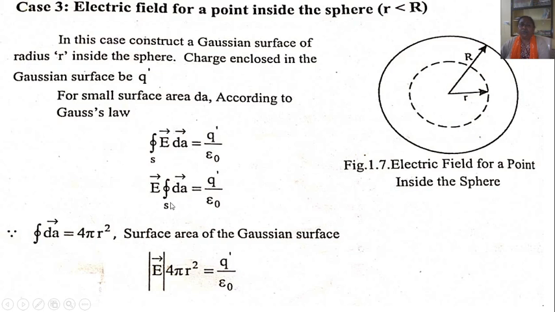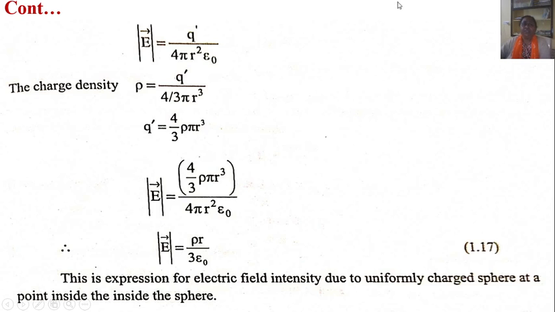Therefore E into closed integral over surface area dA equal to Q dash upon epsilon 0, and as closed integral of dA equal to 4 pi r square, that is the surface area of the Gaussian sphere, therefore E into 4 pi r square equal to Q dash upon epsilon 0, and therefore E equal to Q dash upon 4 pi r square into epsilon 0.